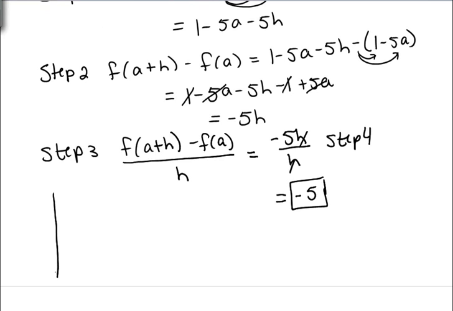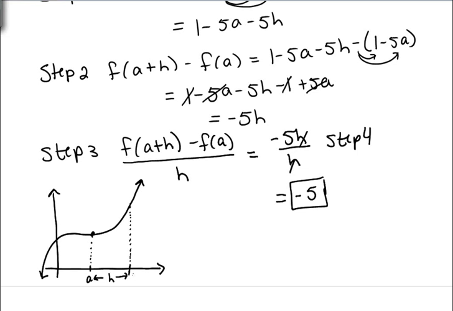So the difference quotient, graphically speaking, this is a calculation that you do in calculus oftentimes. And so if this is the x value for a, and h is some interval, so we have some other x value that's up here, and this distance is h.